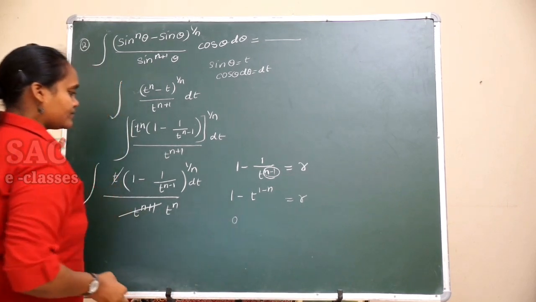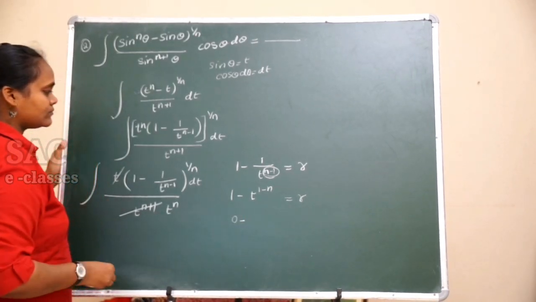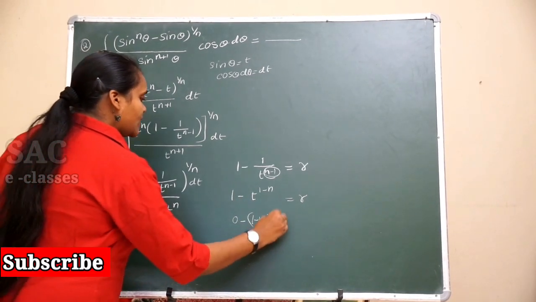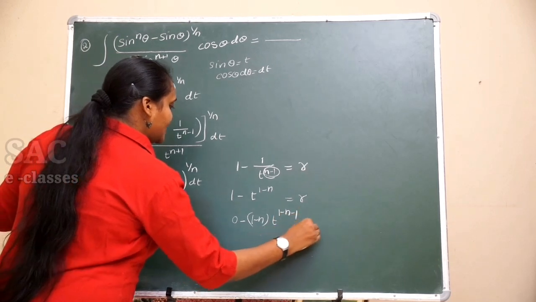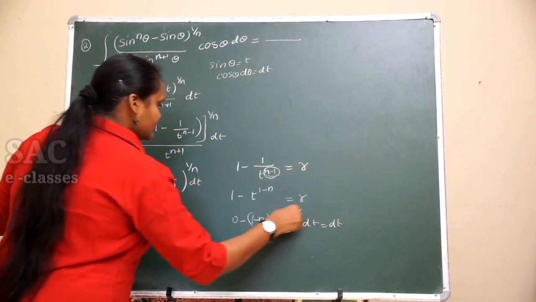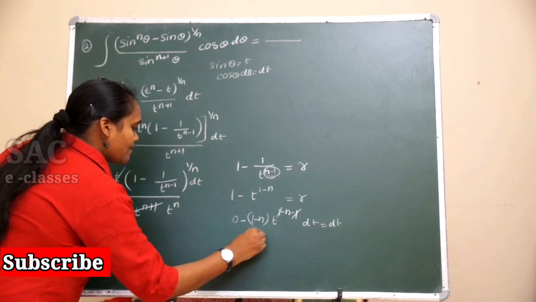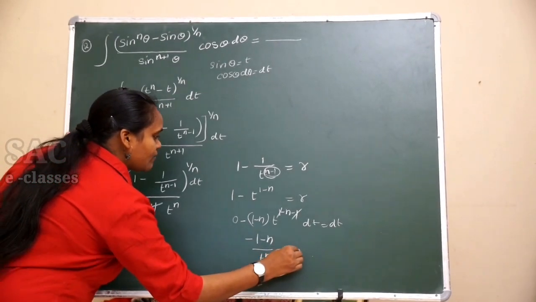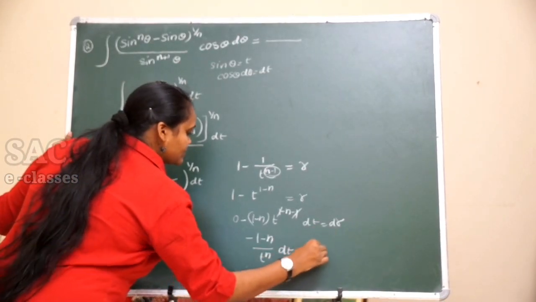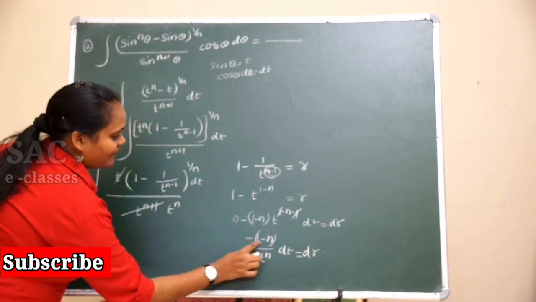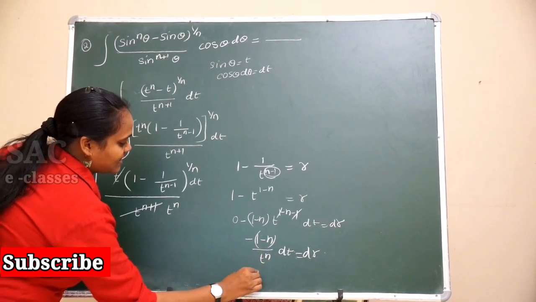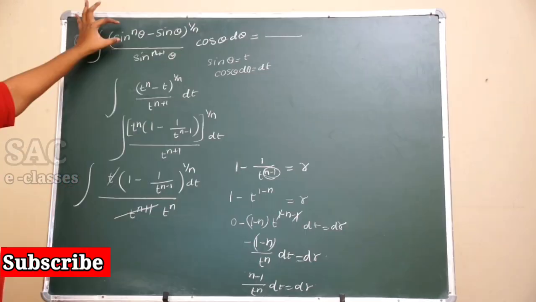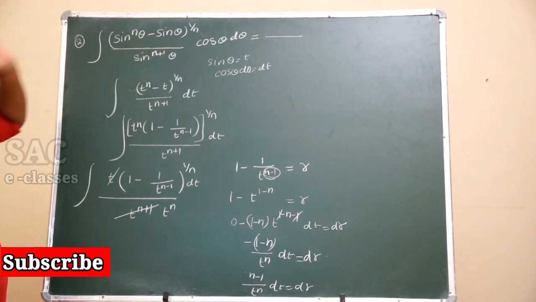Then 0 minus (1 − n) t^(1−n−1) dt equals dr. Clearly, (n − 1)/t^n dt equals dr. I hope you have understood what I have done.